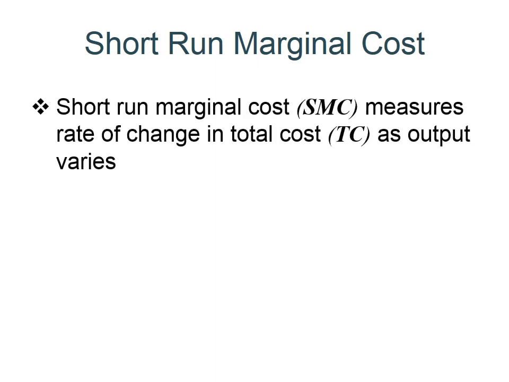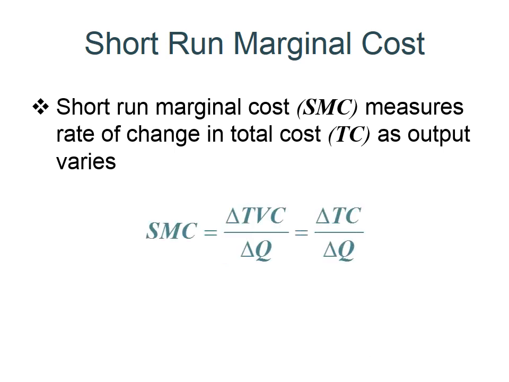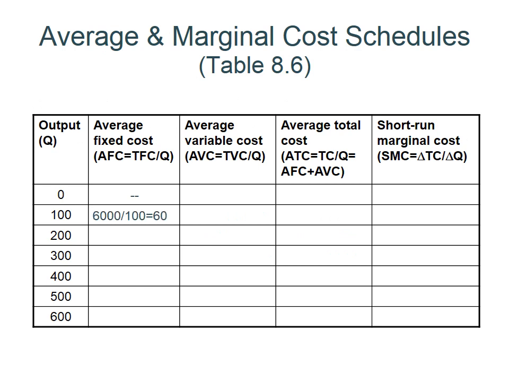Then coming to marginal cost. What is marginal cost? It measures the rate of change in total cost as the output changes. So it is delta TC upon delta Q. Now numerically, first we have the fixed cost: 6,000 divided by 100 is 60, 6,000 divided by 200 is 30, and so on.